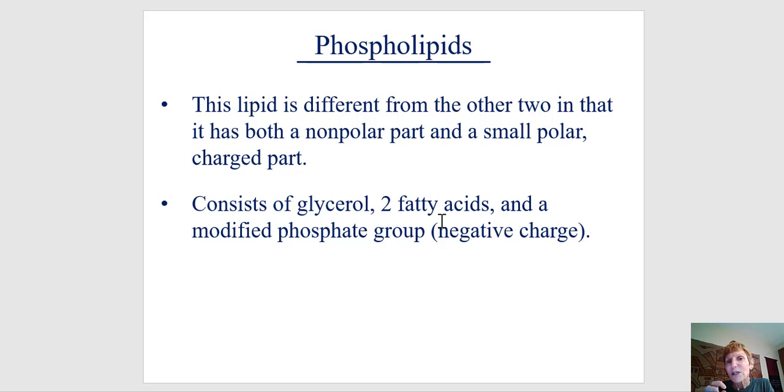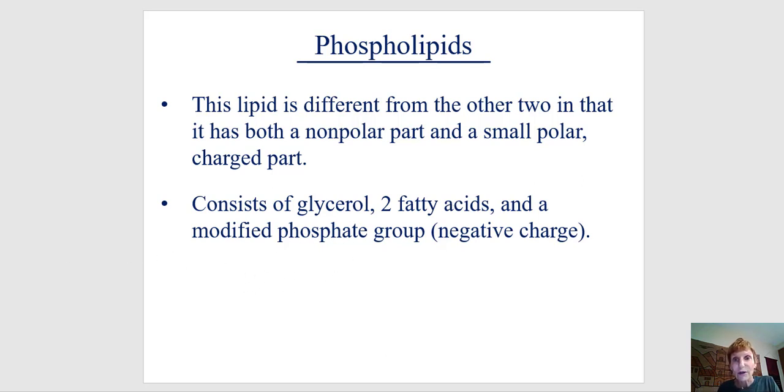We saw that in nucleotides. And if you remember what the phosphate group looks like, it's negatively charged. So it's polar. And so it's very different from the nonpolar hydrocarbon we saw with the fatty acid.